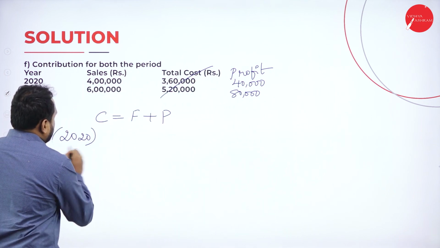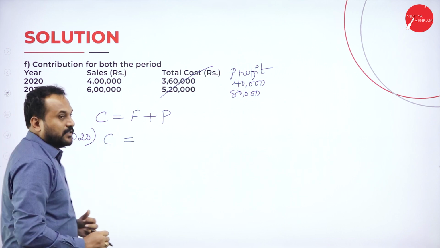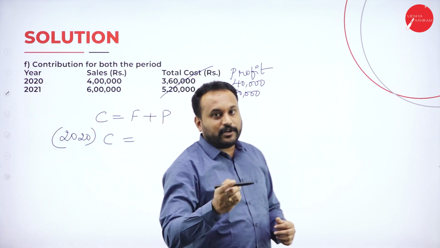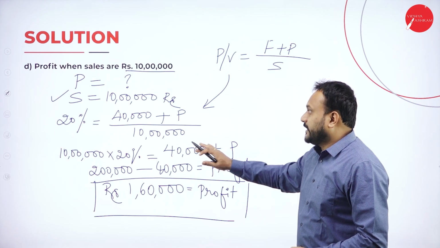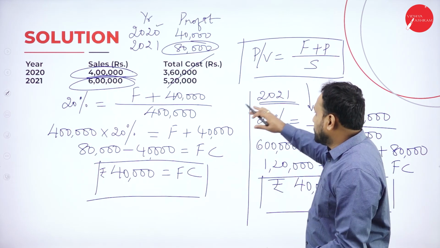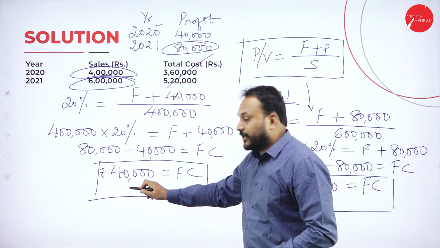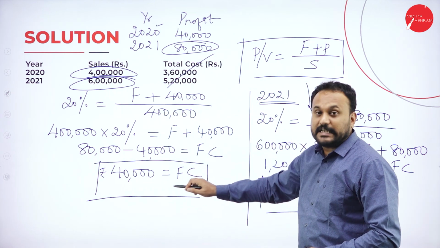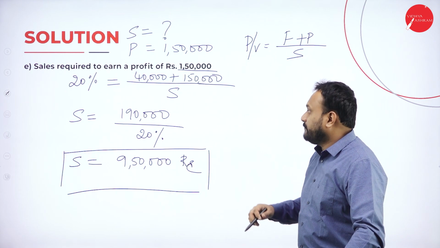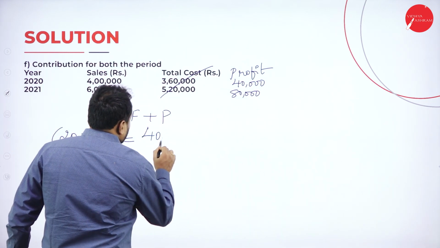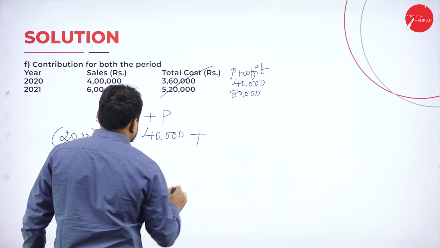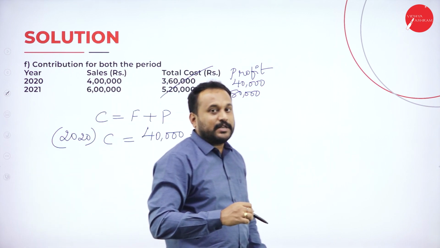What is the contribution equal to? Fixed cost we have already found, isn't it? We found fixed cost as 40,000. So the same way here also: fixed cost is 40,000 plus, now 2020, how much is your profit?